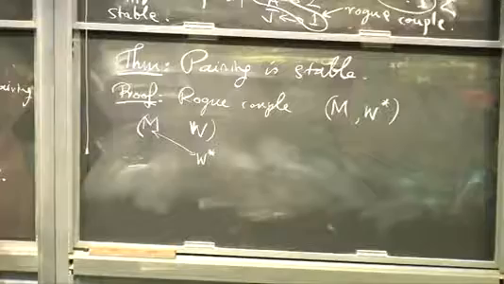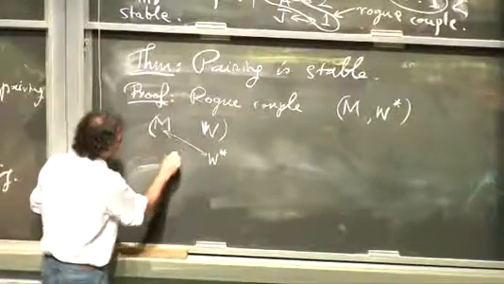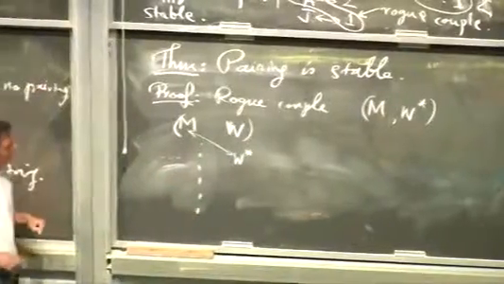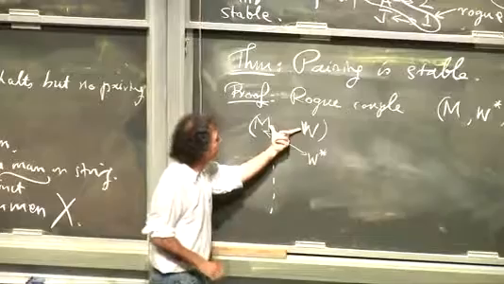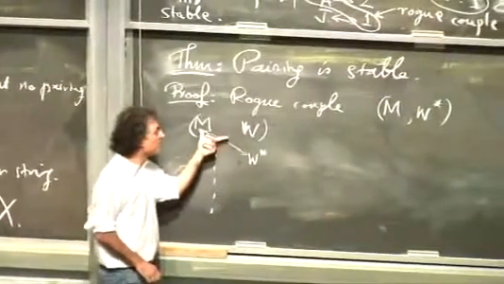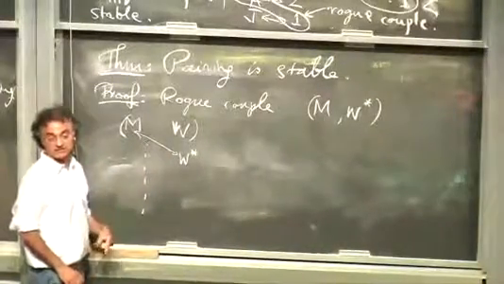Okay. So we have a pairing where M was paired with W and everybody else was paired with other people. There was a pairing of all of them. These two were paired up, but now these guys are a rogue couple, meaning M would rather be with W star and W star would rather be with M than whoever she is with.